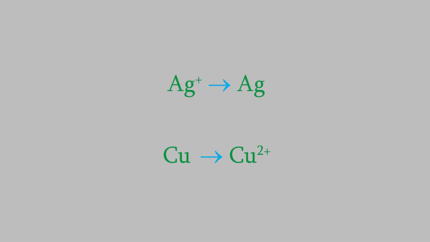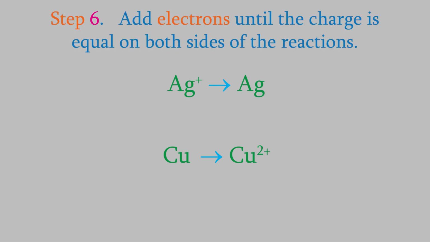From here on, balancing this reaction is really easy. All the elements are already balanced, so we can skip steps 3, 4, and 5. We do need to perform step 6, in which we balance the charges by adding electrons to the reactions. To balance the reduction reaction, we need to add 1 electron to the left side. And to balance the oxidation, we need to add 2 electrons to the right. Next is step 7.